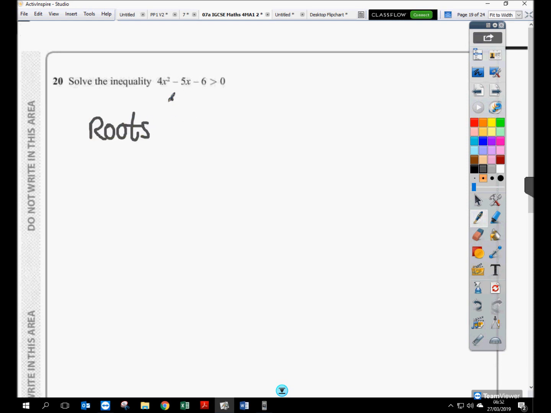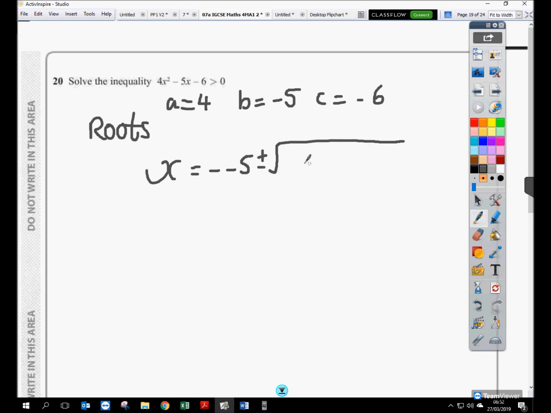Let's write it down clearly then. a is 4, b is -5, c is -6. The formula is x equals minus b, plus or minus the square root of b squared minus 4ac, all over 2a.